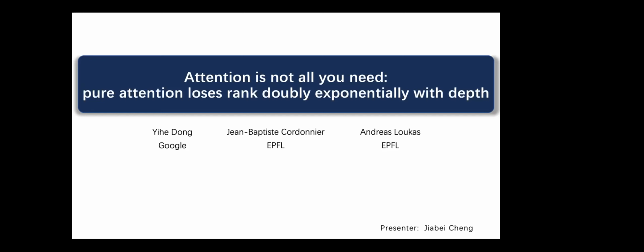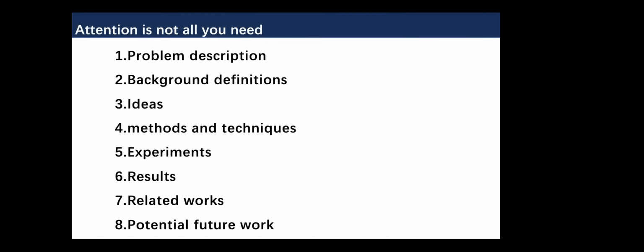Okay, hello everyone. I'm Doubly Chen, and today I want to introduce the paper to you. It's called "Attention is Not All You Need: Pure attention loses rank doubly exponentially with depth." In today's lecture, we will have a problem description at first, and then some background definitions, and I will share the main idea of the paper with you.